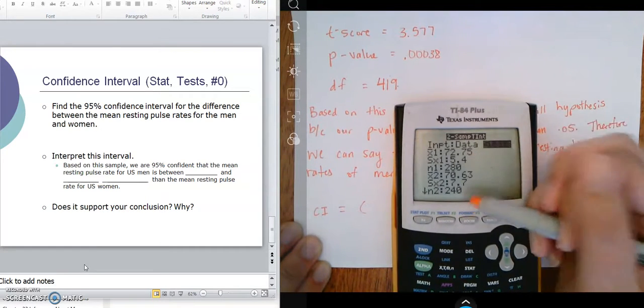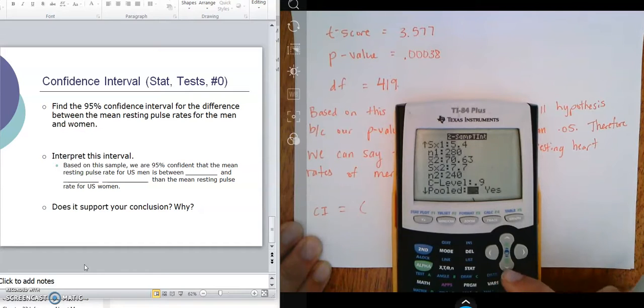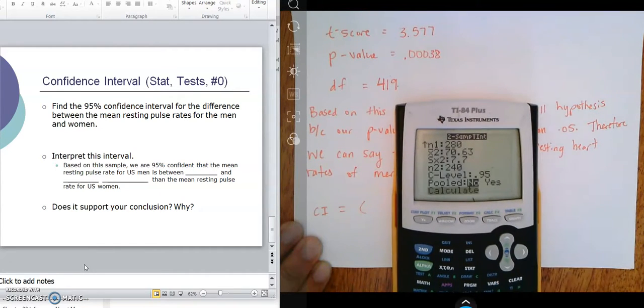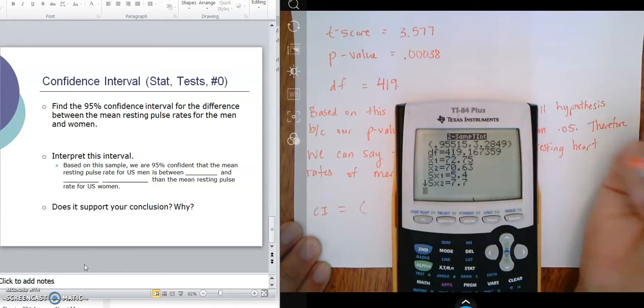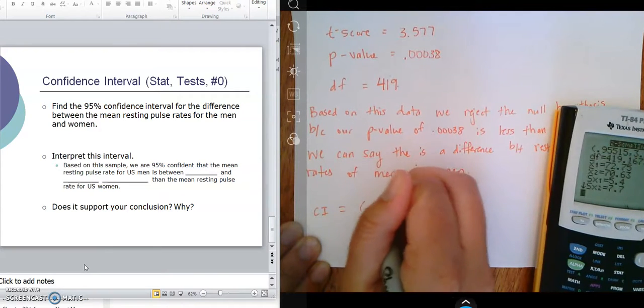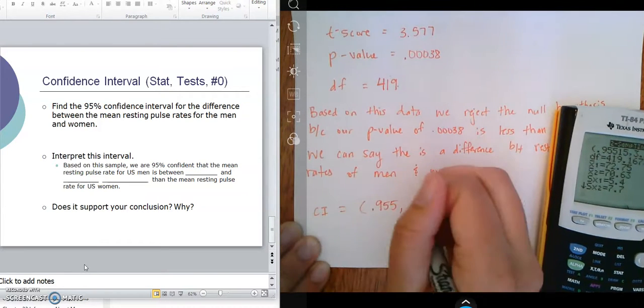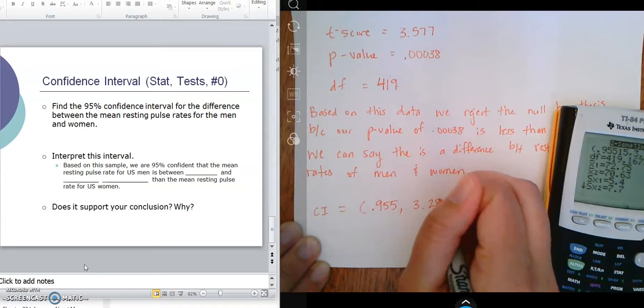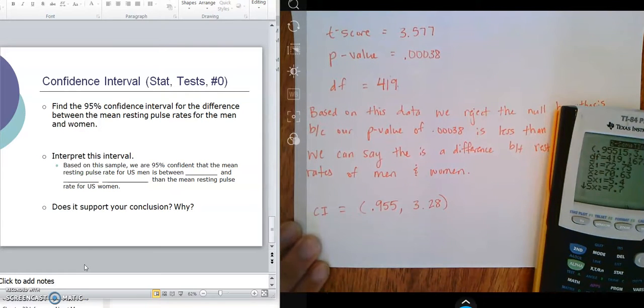It was really kind and copied all of our information over for us, but I want a 95% confidence level. And so again, gives you all this information. This time all I need is the confidence interval though, which is 0.955 to 3.28.